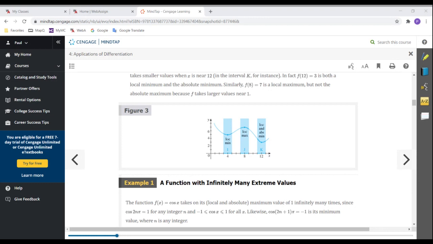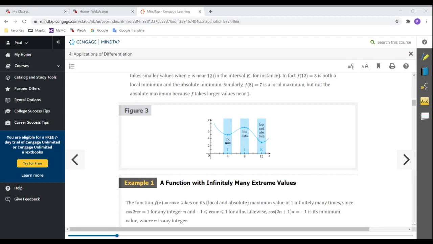It is 0. And what about at x equals 8? There's a local max at x equals 8. What's the slope of the tangent line to the curve at x equals 8? Well, it's also 0, because the tangent line is flat.